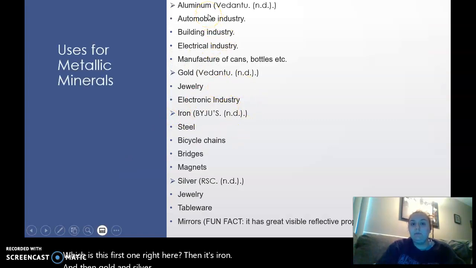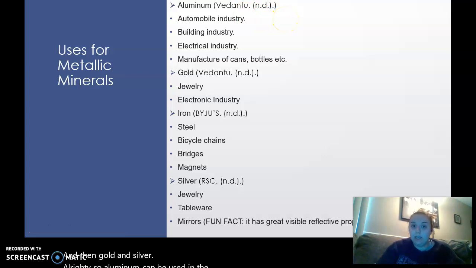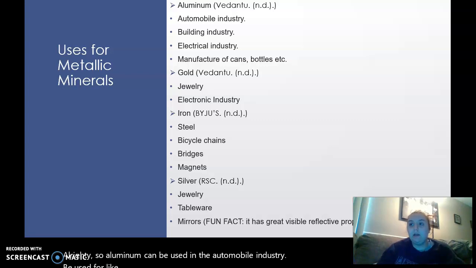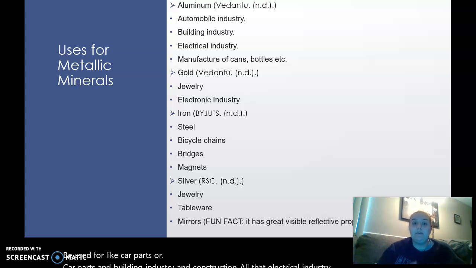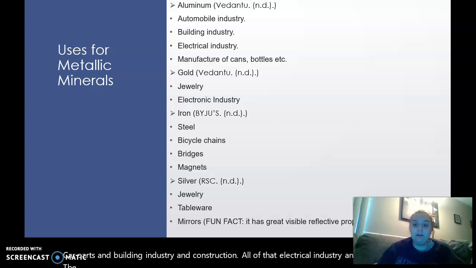Alrighty, so aluminum can be used in the automobile industry, for car parts, and in the building industry, construction, the electrical industry, and the manufacture of cans and bottles, like your aluminum cans for soda.